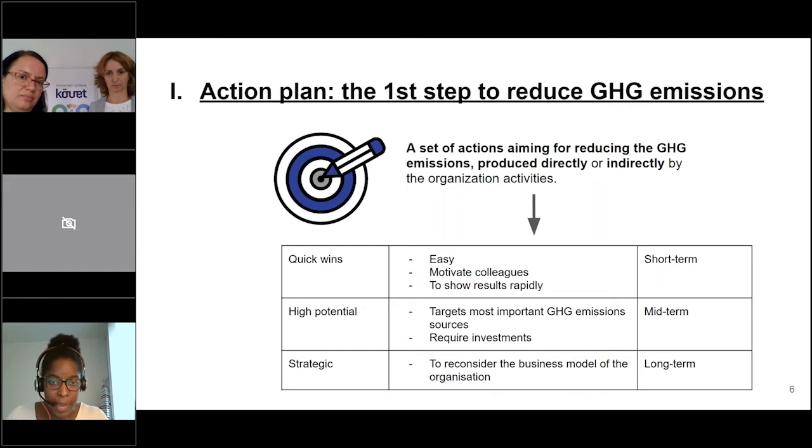And an action plan, finally, is a set of actions aiming at reducing the GHG emissions produced directly or indirectly. It will be based on the GHG inventory and address the significant sources of GHG. So the action plan should be implemented and followed. And that's why you have, after that, some kind of strategy to go deeper and be able to go through a low carbon transition.